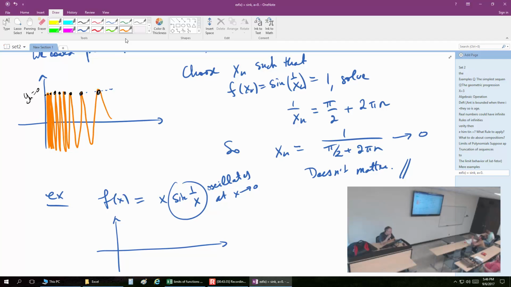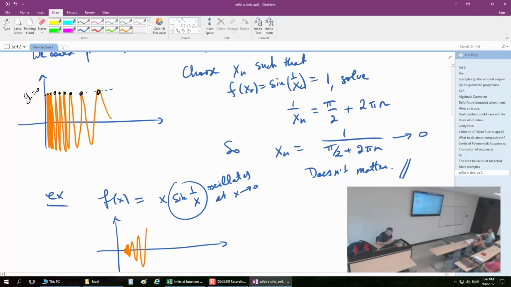Well, x becomes the swing, right? Sine 1 over x oscillates between -1 and 1. If you multiply by x, x becomes the swing. It will oscillate between -x and x. But x is going to 0, so what's happening to oscillations? They're getting shorter and shorter, so this is what it's going to look like.